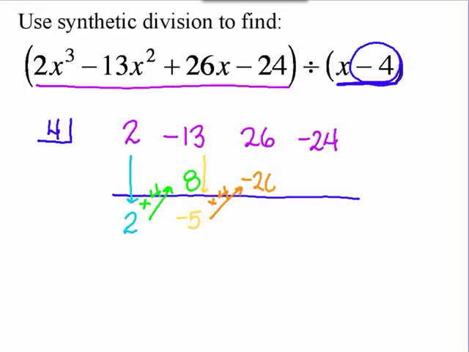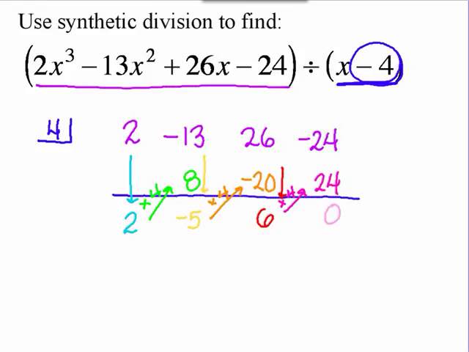Negative 20. I'm going to place that under the 26. What am I going to do now? Add down, and what do you get? 6. And then what am I going to do? Times 4. And what do I get? 24. When you add down, what do you get?